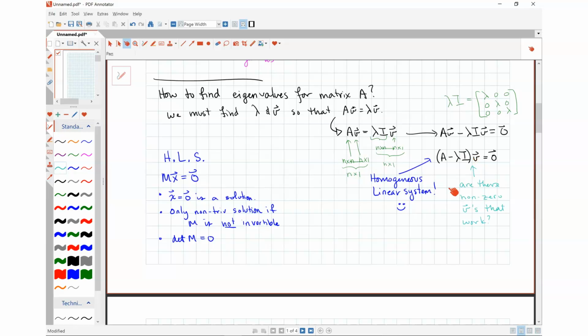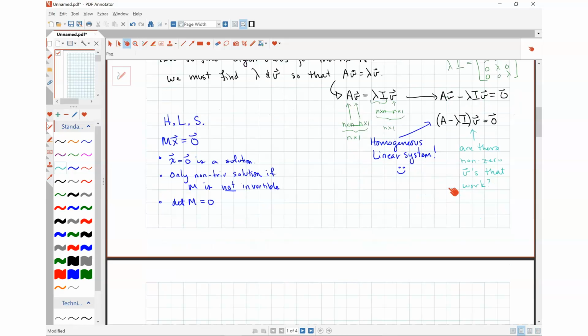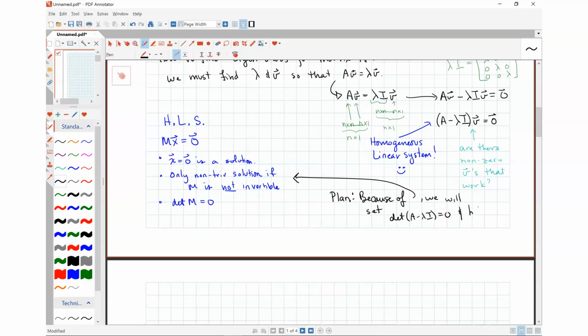So let's see how this works. So I'll just write down our plan. Because of this, we will set det of A minus lambda I equals 0 and hunt for lambdas.